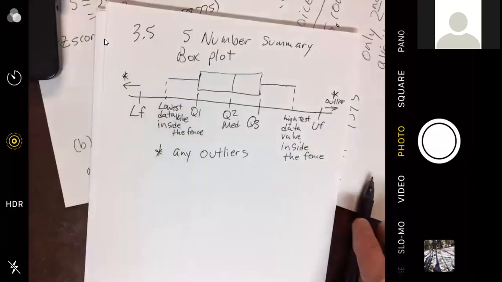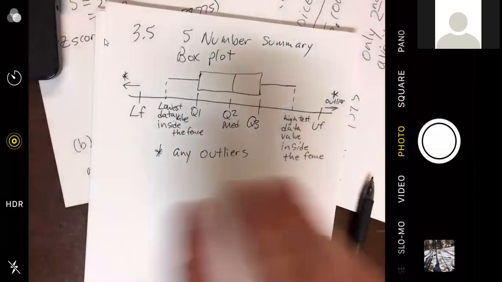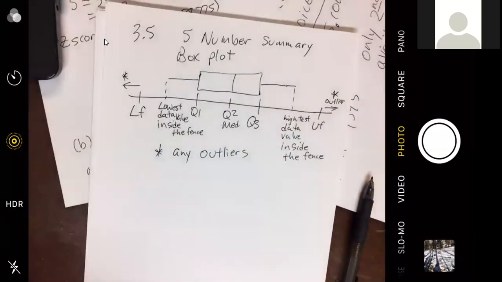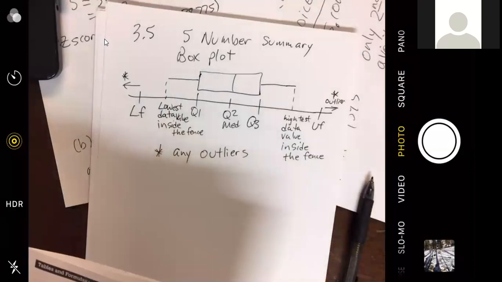Okay, let's try an example. I've got a lot of data here. Why don't we do problem 11? The age of a mother at birth. So here's the data.